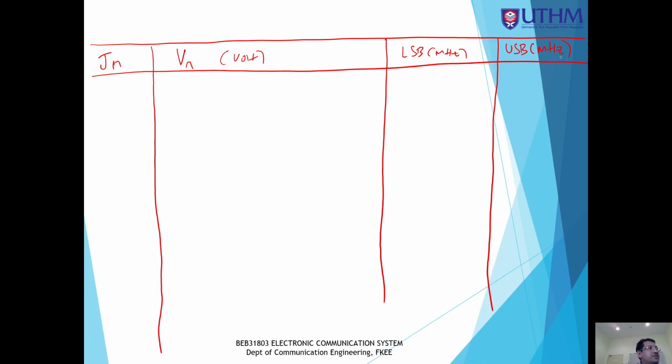So the first one is J0. From the Bessel table, you will get negative 0.05.